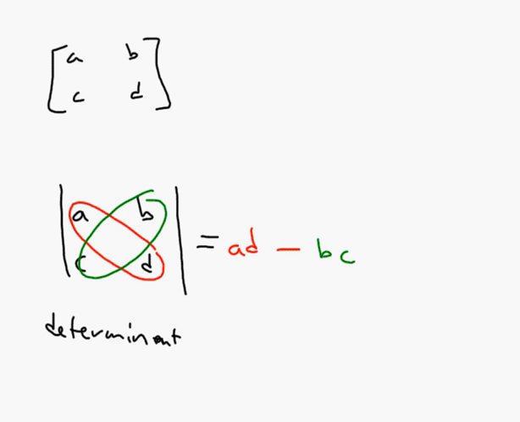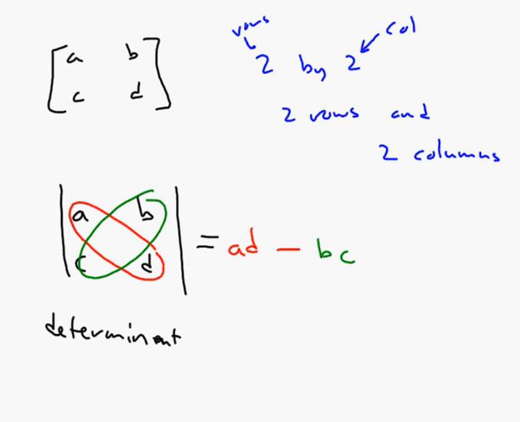Or I should say of this matrix. This is called a 2-by-2 matrix. Okay? The reason it's called a 2-by-2 matrix is because it has 2 rows and 2 columns. Usually that's the number of rows, and that's the number of columns.